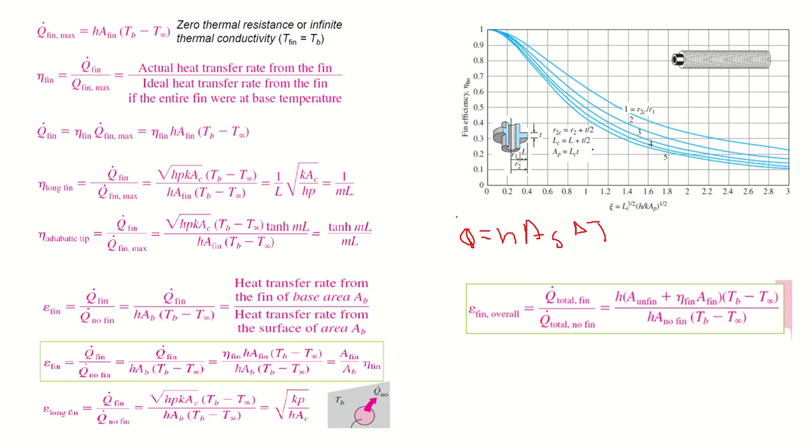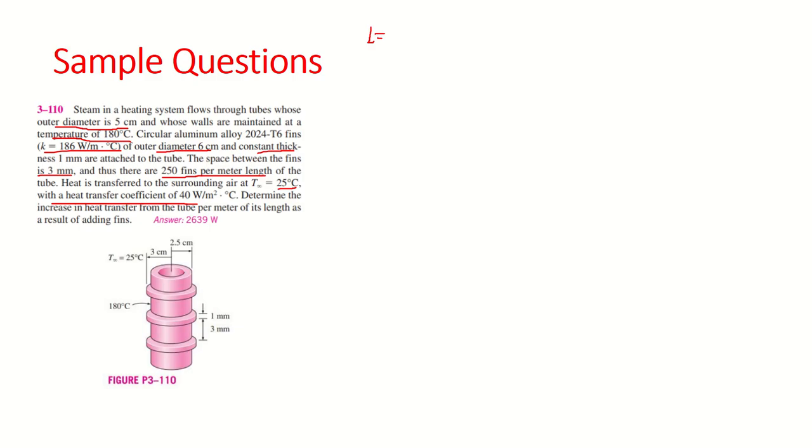LC is L plus T by 2, which I can also write as the difference in diameters, that's also your L. So d2 minus d1 over 2.